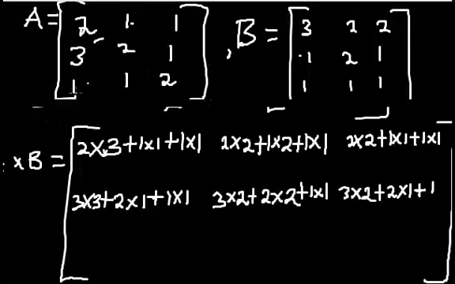Then third row will start. Let's start with third row. That's gonna be 1 times 3 plus 1 times 1, then plus 2 times 1.